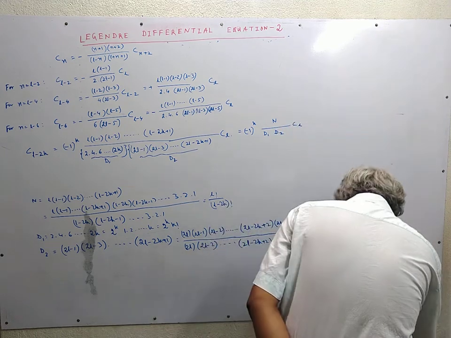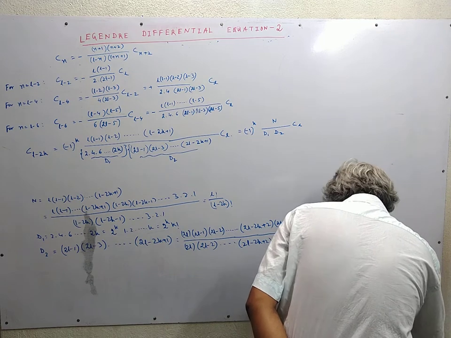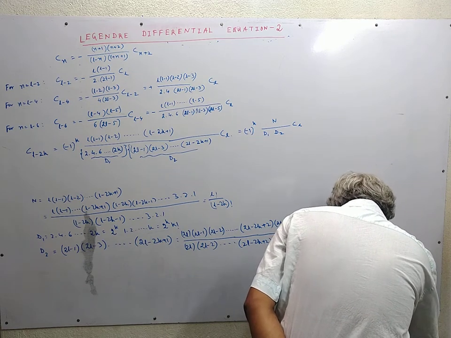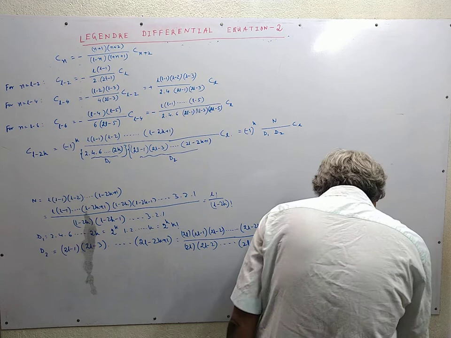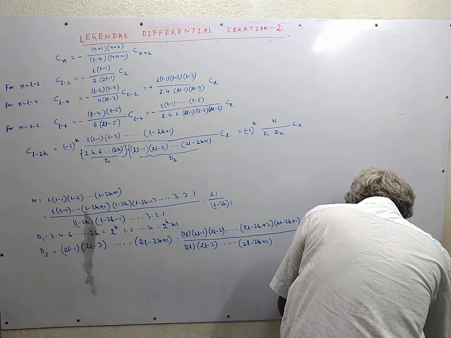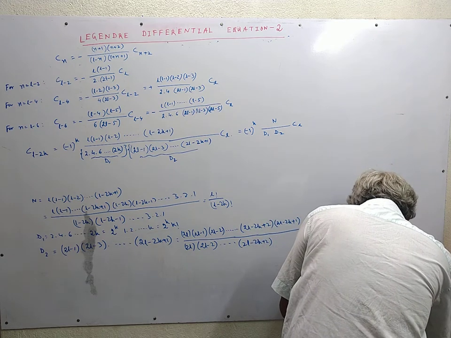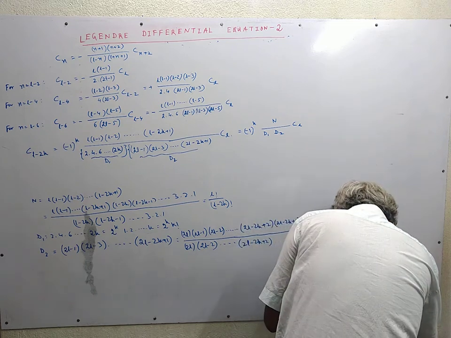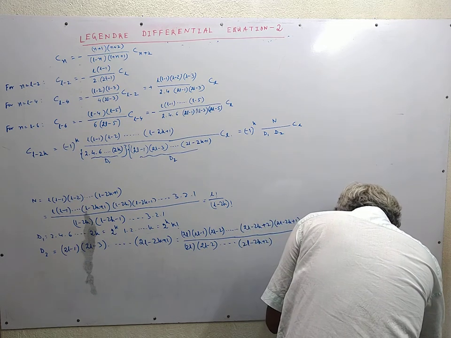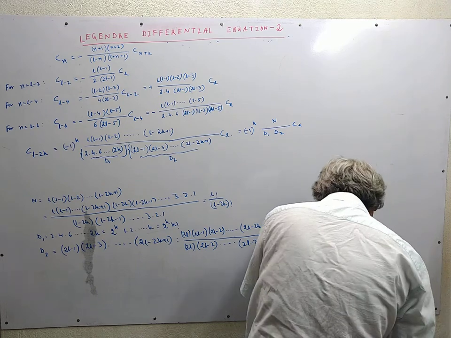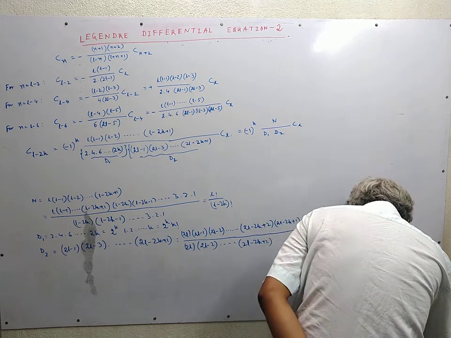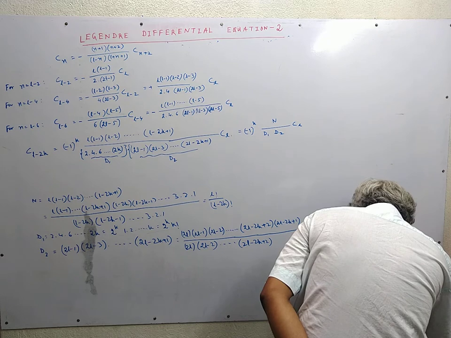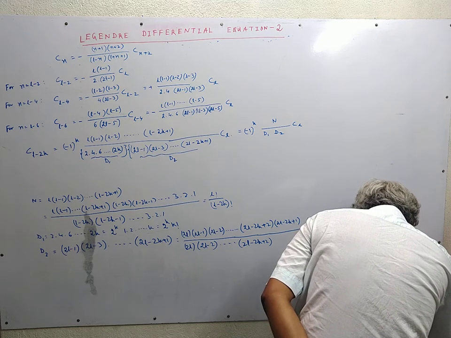So altogether this term becomes 2L factorial, which will go in the numerator, L minus k factorial. Then we have 2 to the power k, L factorial and 2L minus 2k factorial.